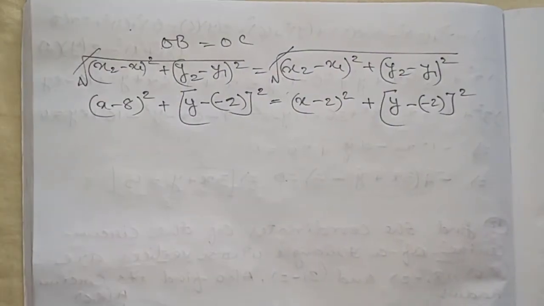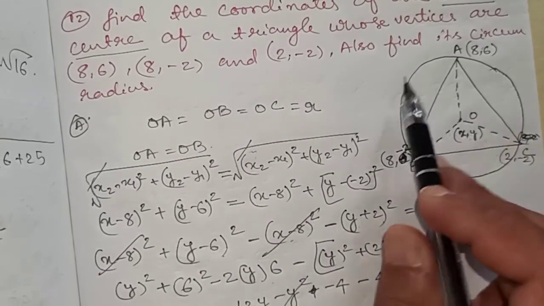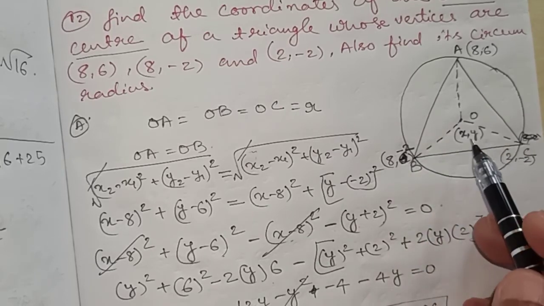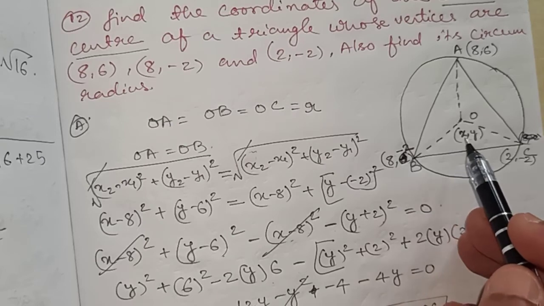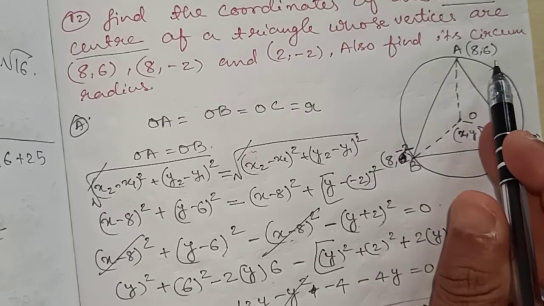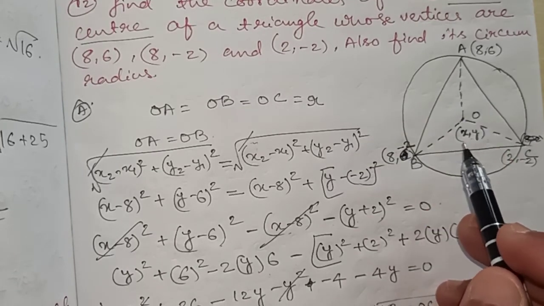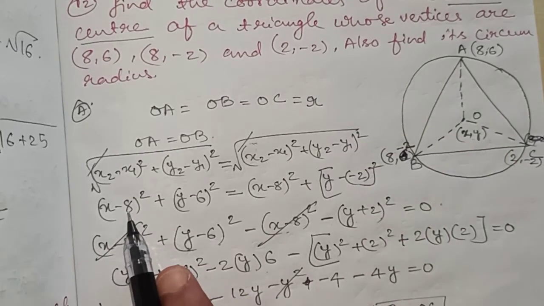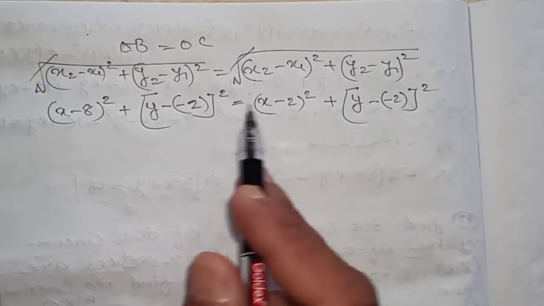One more thing to remember: whenever there is a variable and the other coordinates are numbers, always write the variable first, then the number, like x minus 8, y plus 2. Don't write the number first, then the variable.